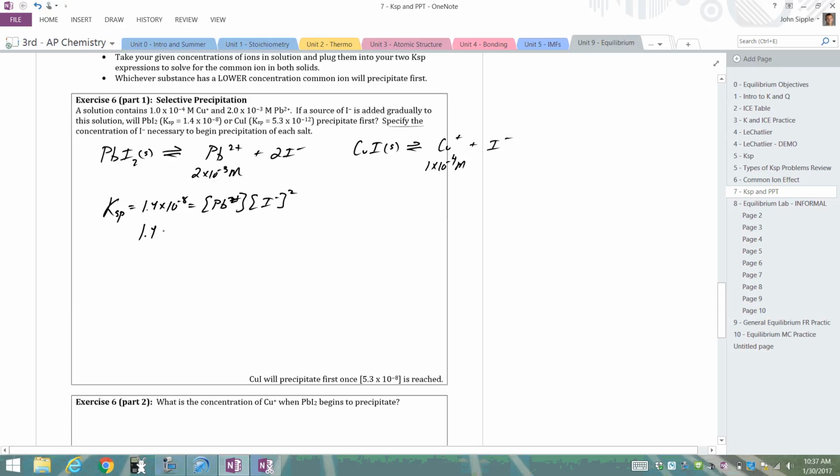So 1.4 times 10 to the minus 8 is equal to 10 to the minus 3 times x squared. This gives 0.0026 molar I minus.